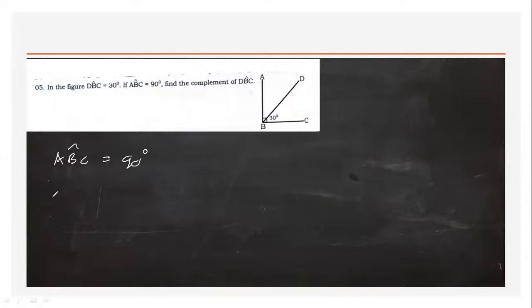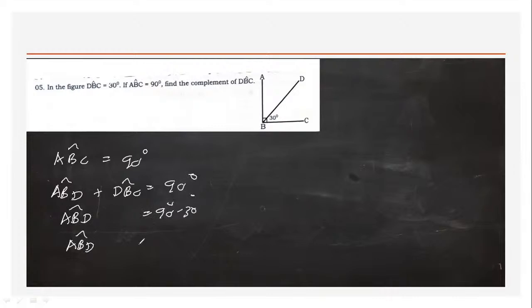So angle ABD plus angle DBC equals 90. Angle ABD is 90 minus 30, so ABD is 60.